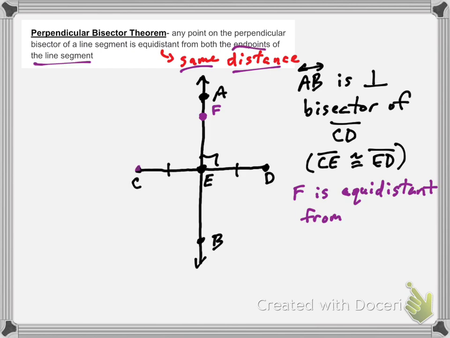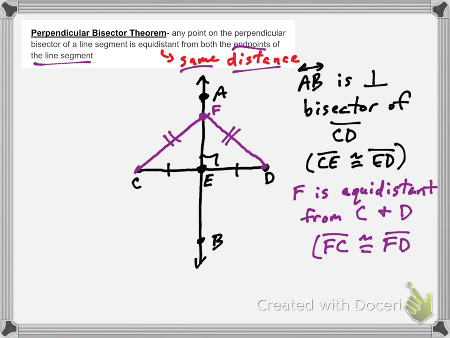Those are C and D. So if I connected F and C, and F and D, those would be congruent. So FC is congruent to FD.